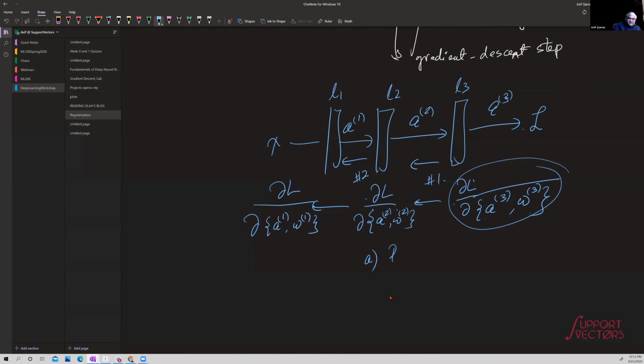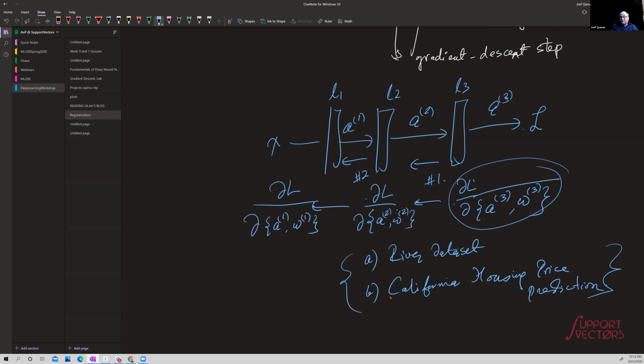So let me just say river, a data set, the California housing price prediction. Now that, of course, is a favorite pastime of people here in Silicon Valley. I'm told that almost every few months they go and look at Zillow or Trulia to see if the house value has gone up or down.